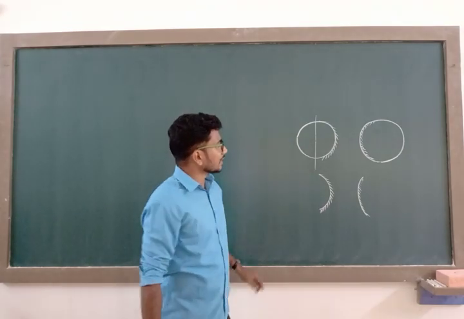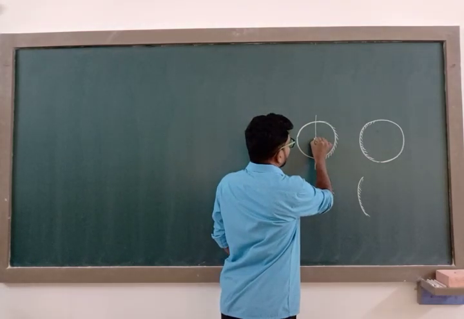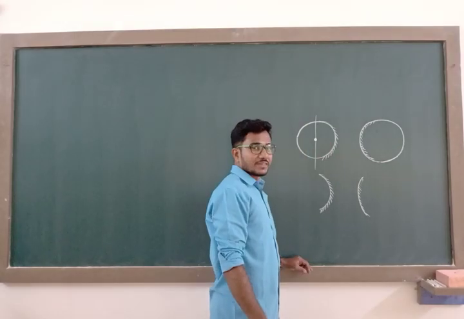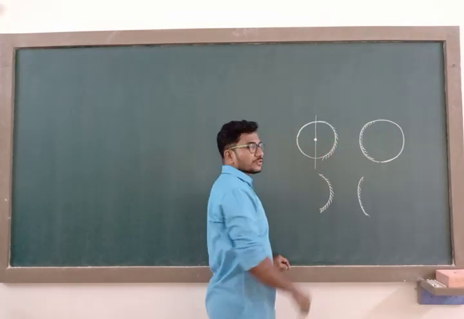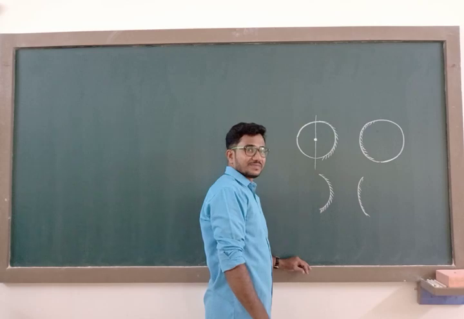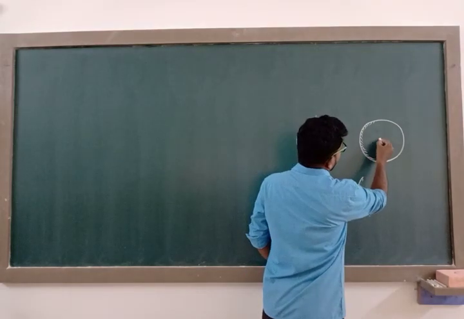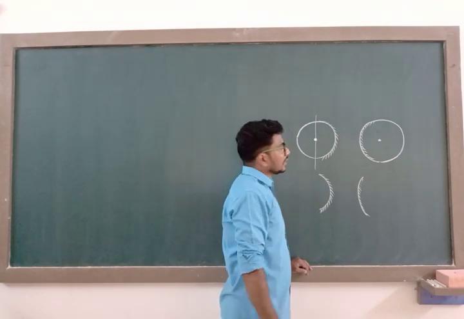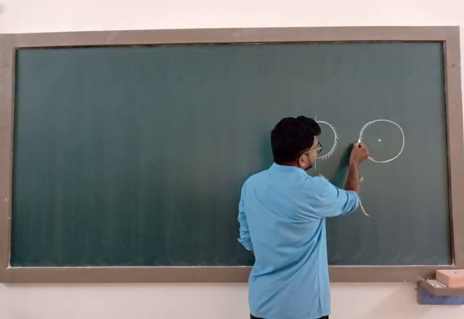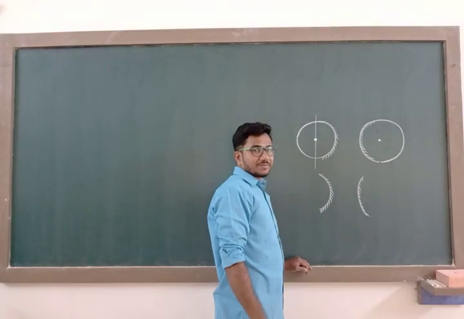Now let us consider the center of the sphere. Let us say this point to be the center of the sphere. Here the reflecting surface is near to the center of the sphere. Similarly, in case of this sphere, the reflecting surface is far from the center of the sphere.